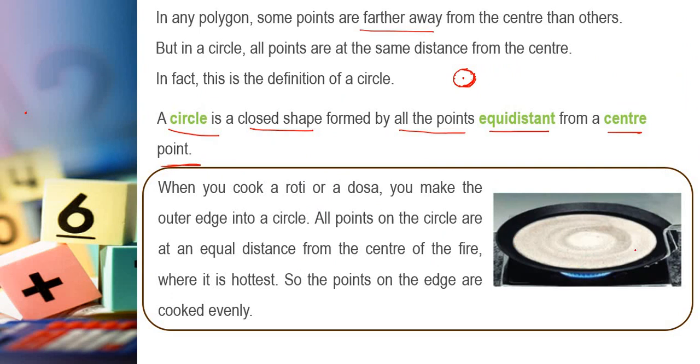All points on the circle are at equidistance from the center of the fire where it is hottest. So the points on the edges are cooked equally and evenly, because all points on the circle are at an equal distance from the center of the fire where it is hottest.